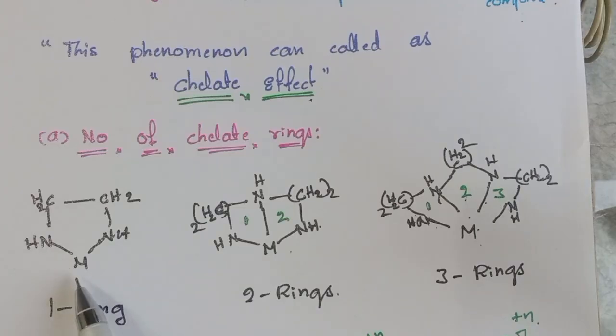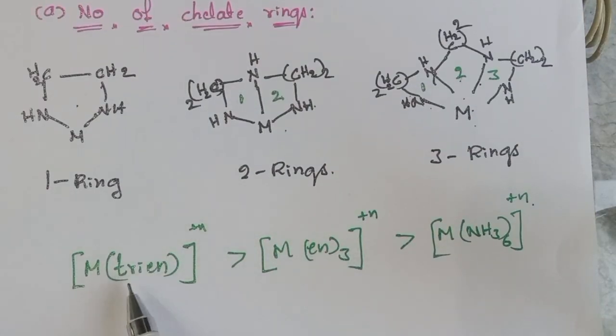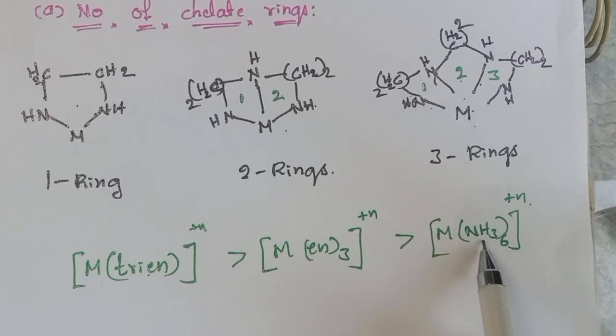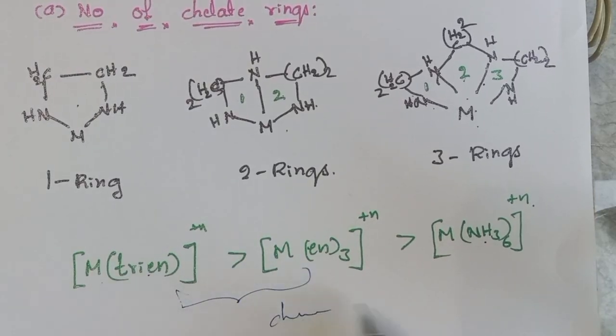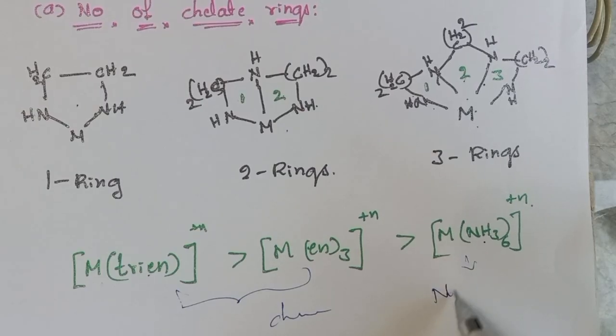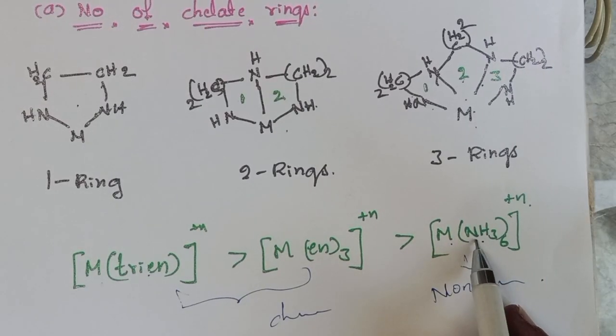When it comes to one ring, it is coordinated with two donor atoms, so it is a less stable complex than the third one, right? So if you see the stability of the complex, if it coordinates with the triene, it will be more stable than the diene, more stable than the monodentate complexes. These two are chelated complexes, whereas this one is a non-chelated complex because the metal is coordinating with only one donor atom.